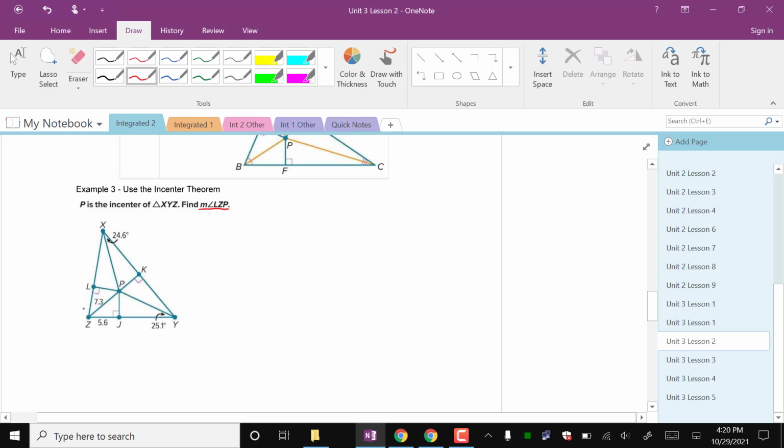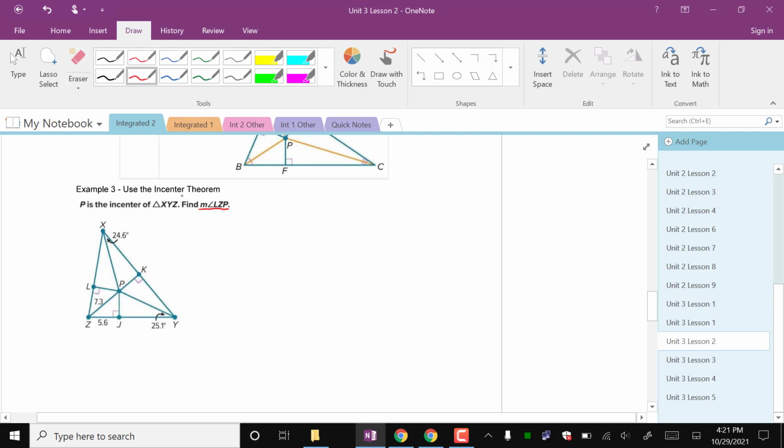Again, P is the incenter of triangle XYZ. So XP right here bisects this angle. Because it bisects this angle, then these two angles have the same measure. Or this big angle right here is twice what this is.